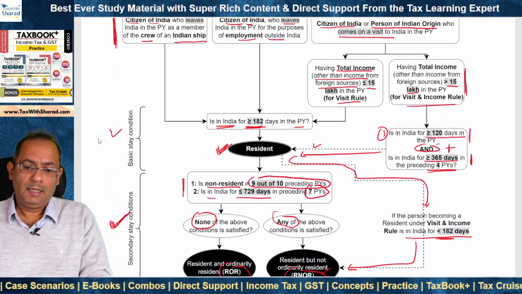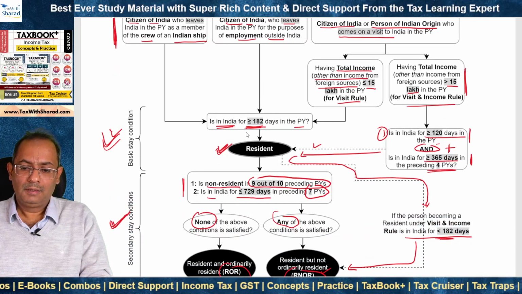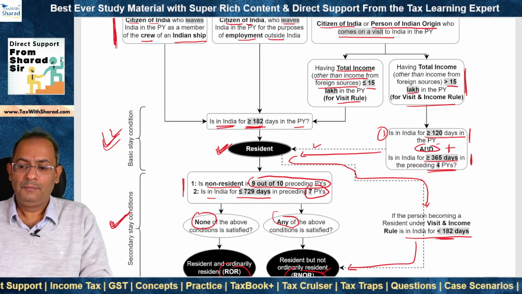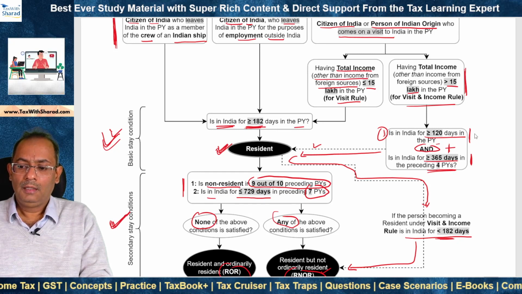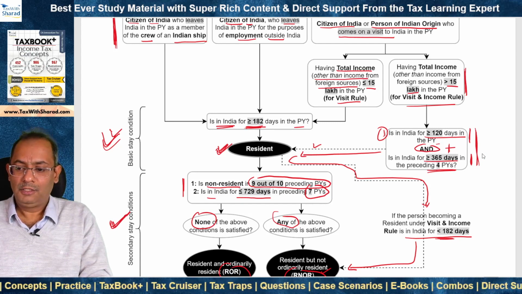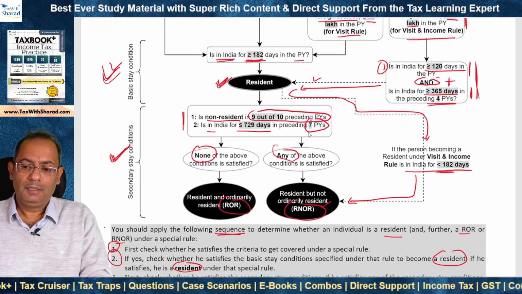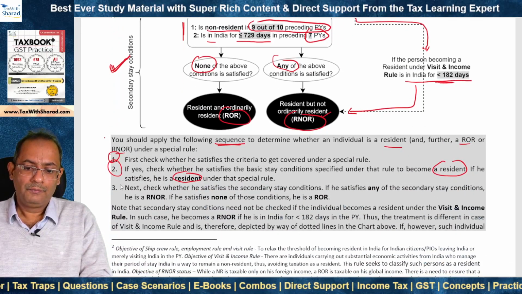So as we noted, these are the basic stay conditions. That means the threshold of 182 days for special rules number 1, 2 and 3, and for visit and income rule, there are twin basic stay conditions that need to be checked. And if these are satisfied, then the person becomes a resident under a special rule.